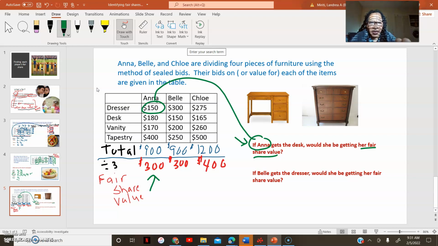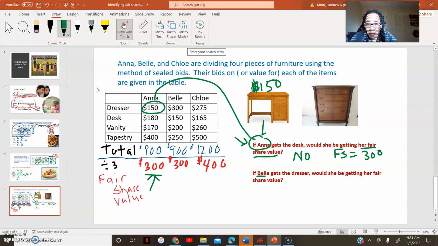So if she just gets the desk, which is only worth $150 to her, that would not be her fair share value of $300. No, because her fair share value is $300, and that would not be at least $300.